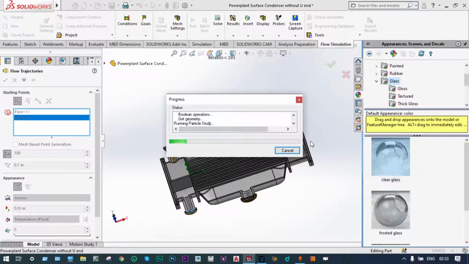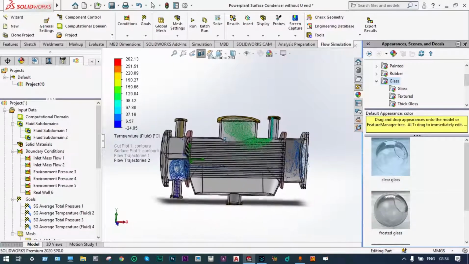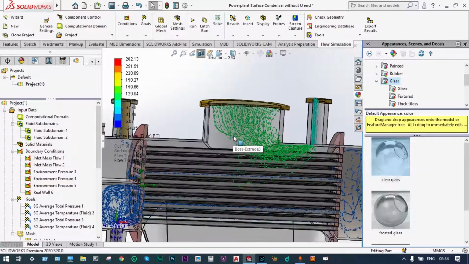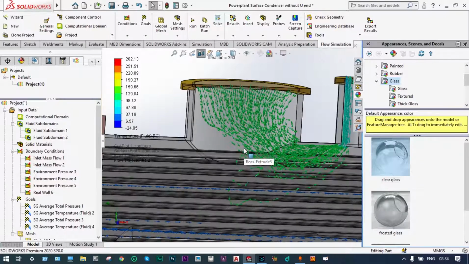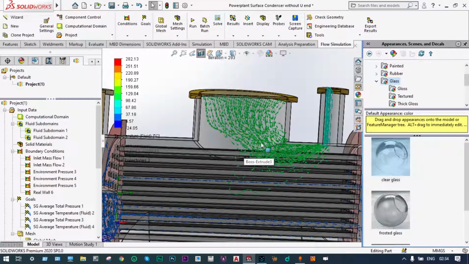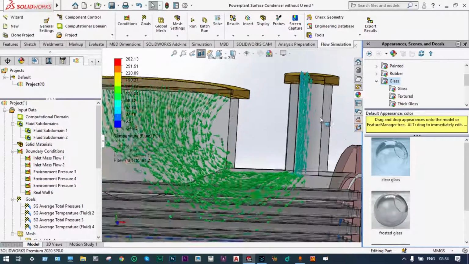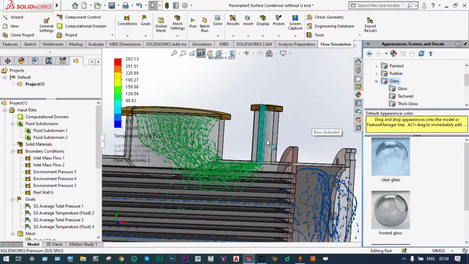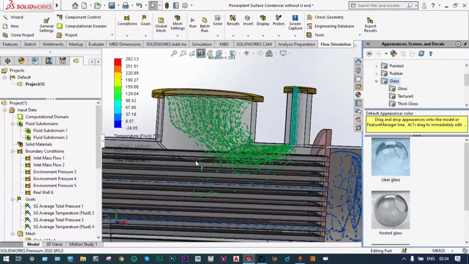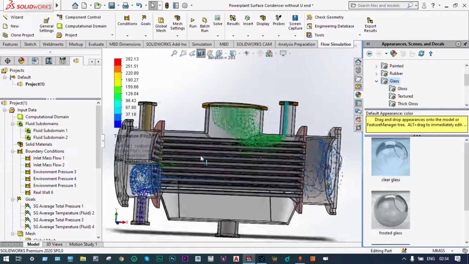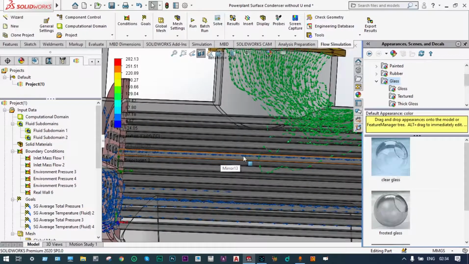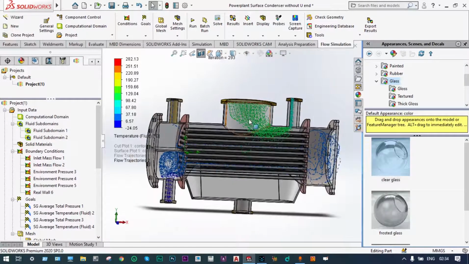Particle study is running. You can see the path of steam. But at the same time it is showing that because of vacuum it is going outside, and some steam particles are coming inside also, inside this shell.